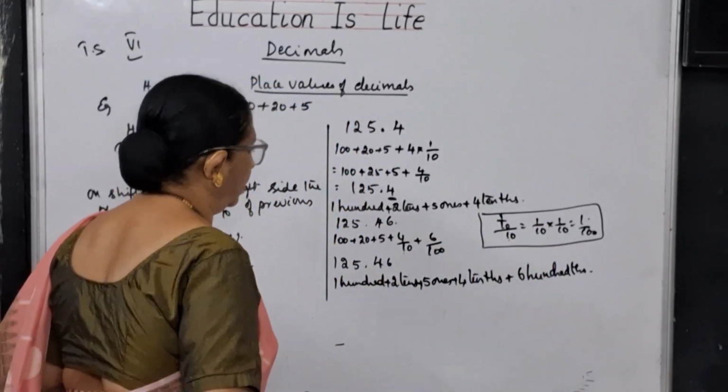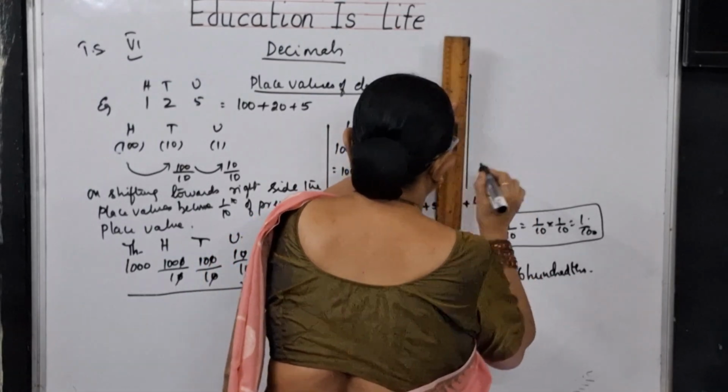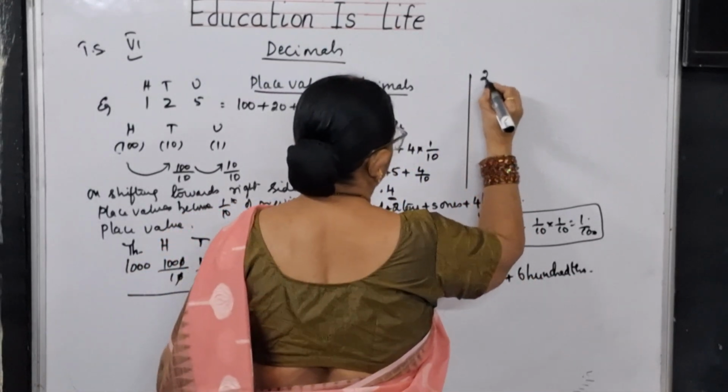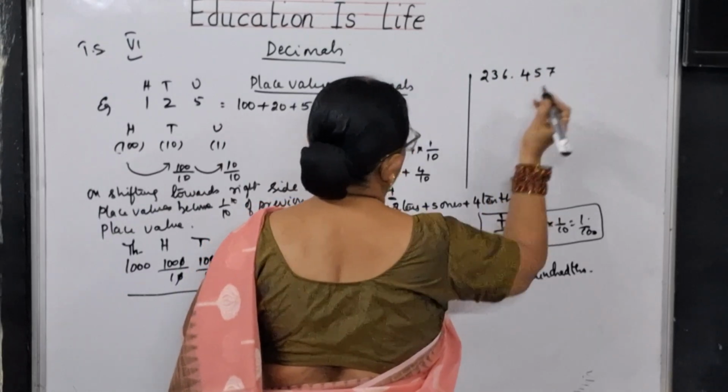So in general, if you are writing numbers like this, suppose you have 236.457.